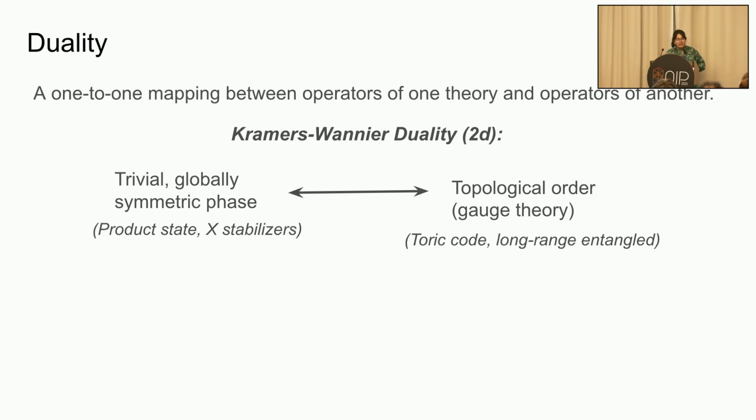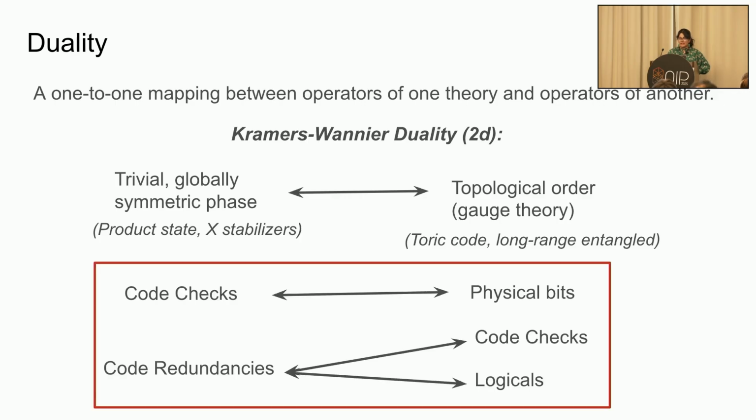And there's a duality between this theory and a topological order, a gauge theory, a generalized toric code, which is long-range entangled. From a more quantum information perspective, we might have the rough intuition that it's a duality between codes, where we're making some translation between the checks and redundancies of the code, and turning them into a new code by scrambling them around.